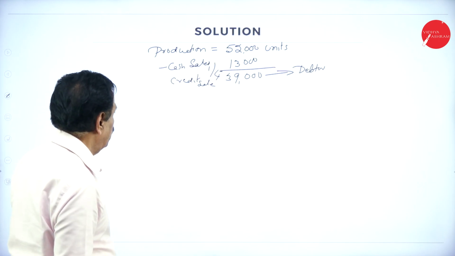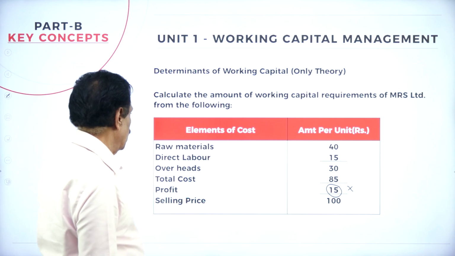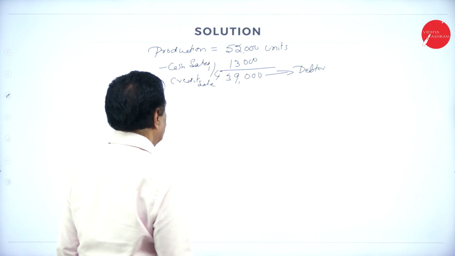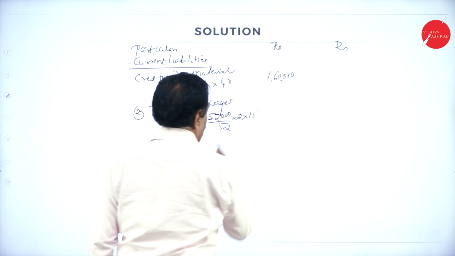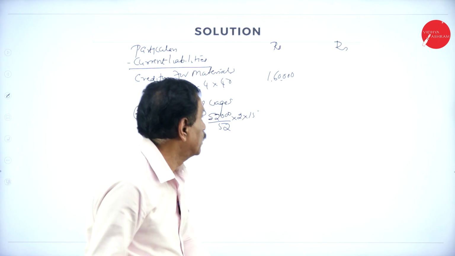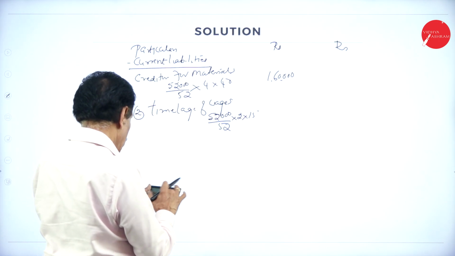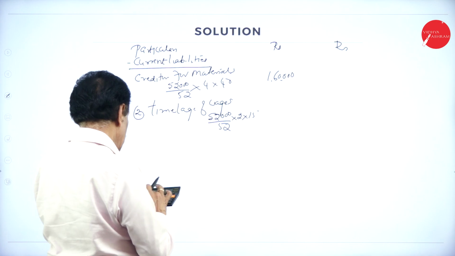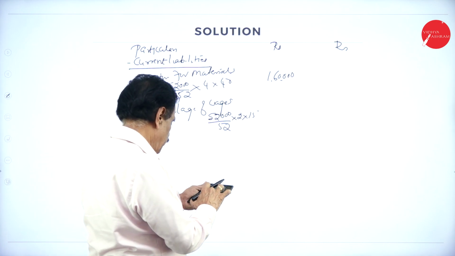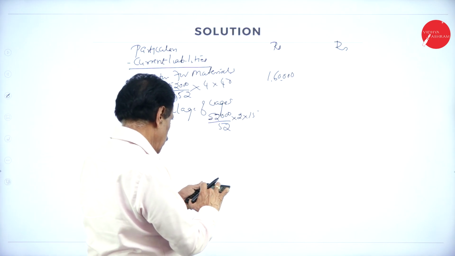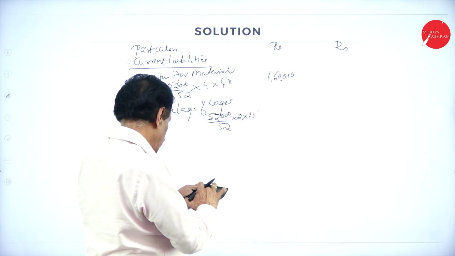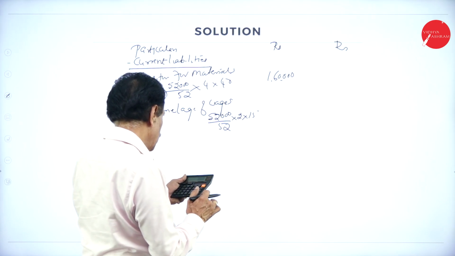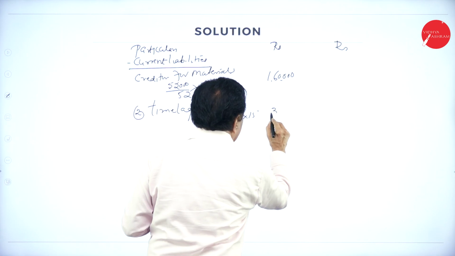What's the cost price of wages? 15 rupees. So 52,000 divided by 52 into 2 into 15 is 30,000.